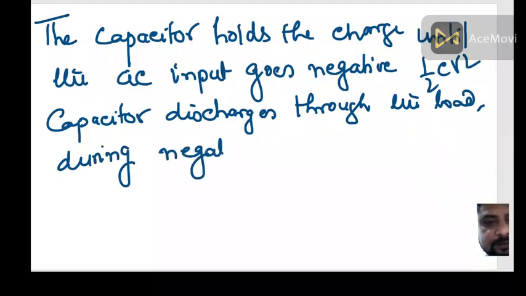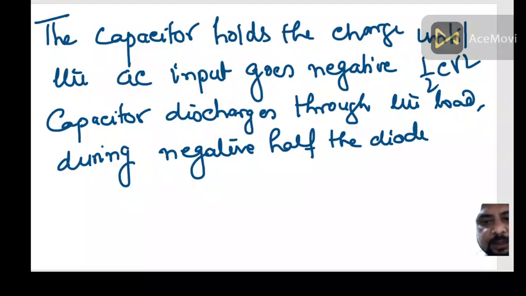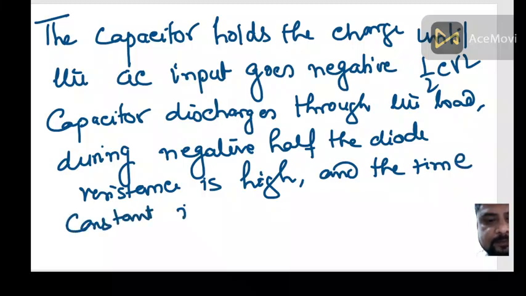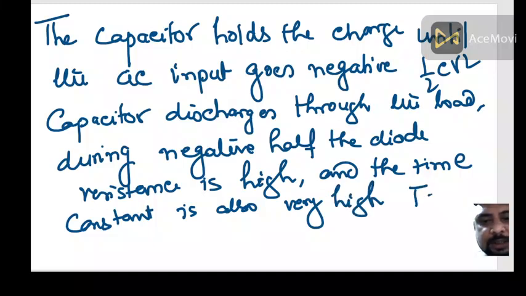Now during negative half cycle, what happens? During negative half, the diode resistance is high. And the time constant is also very high. So what is the effect?